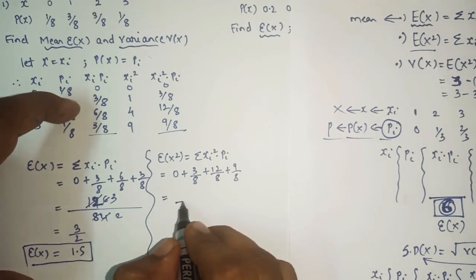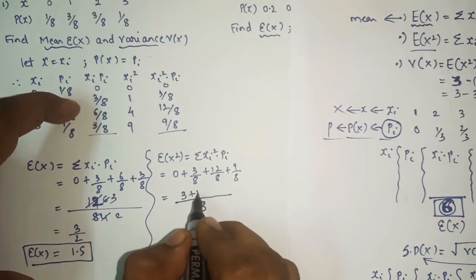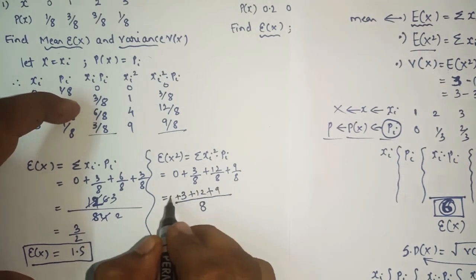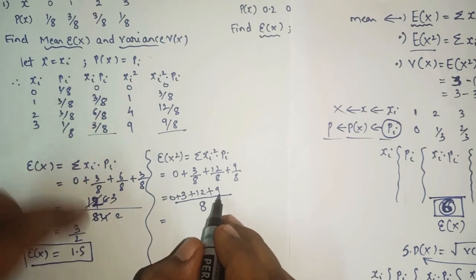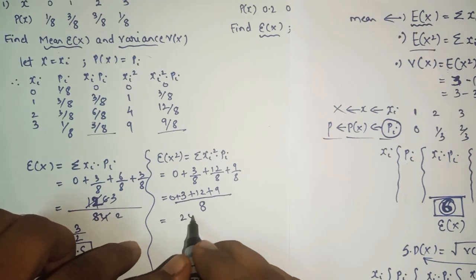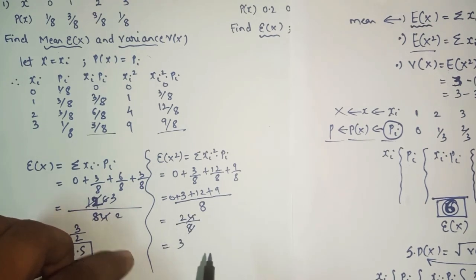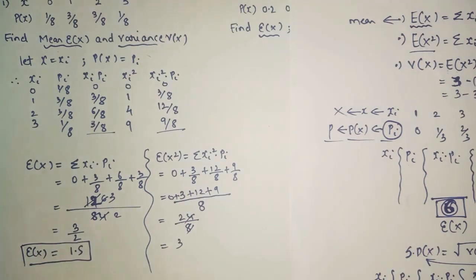Again, as your denominator is the same, we'll write it one time and add these four numbers. So you will get 12 and 9, it is 21, 24. So 24 upon 8, 8 threes are 24.